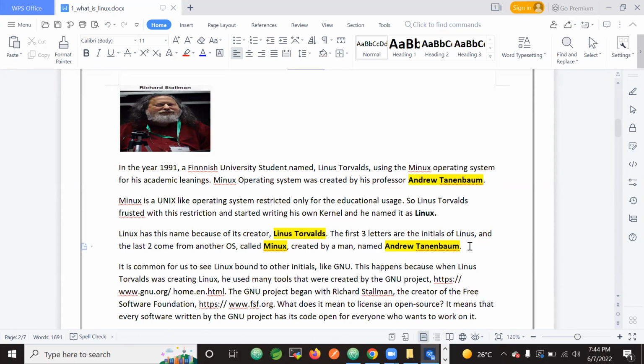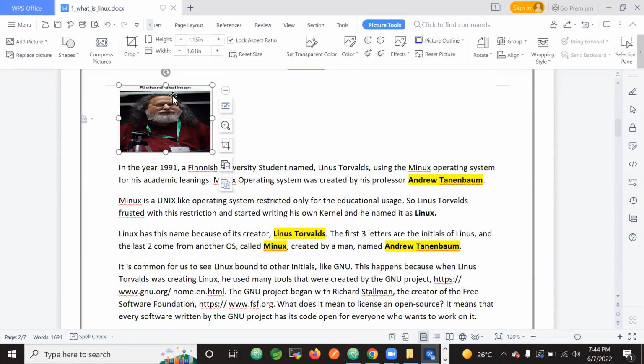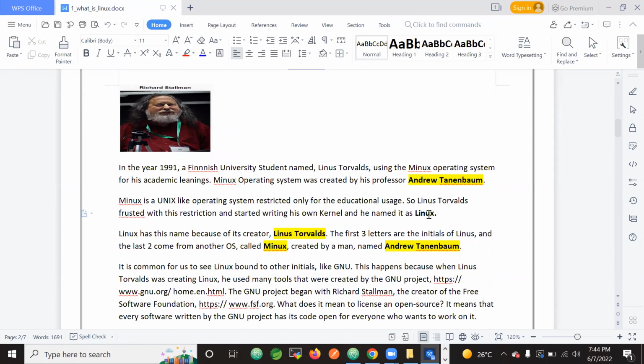Now the Linux kernel is there. See, Stallman doesn't have the kernel, but has all the tools, and Linus Torvalds now has the kernel.